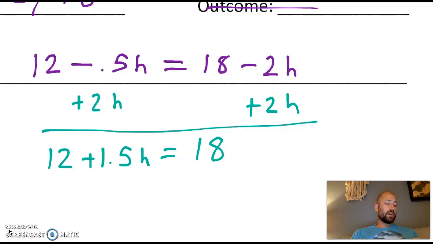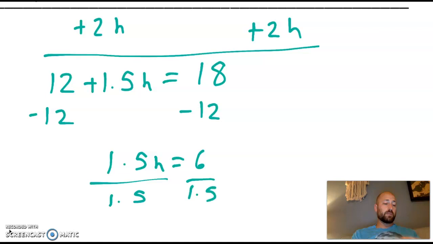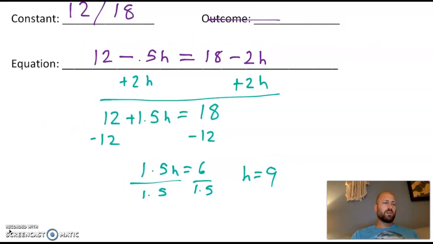Now, inverse operation. Get rid of the 12, so 1.5h is equal to 6. Divide by 1.5. H is equal to 9. What does that mean?